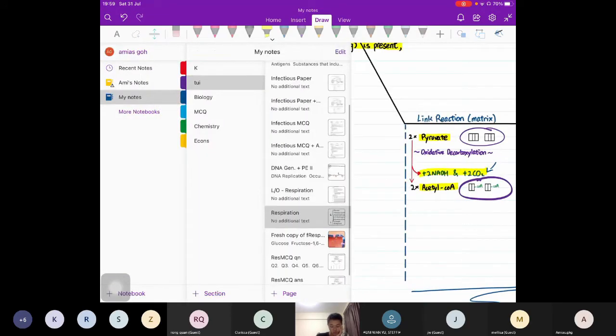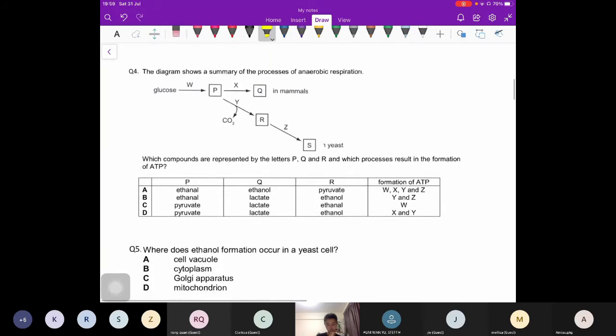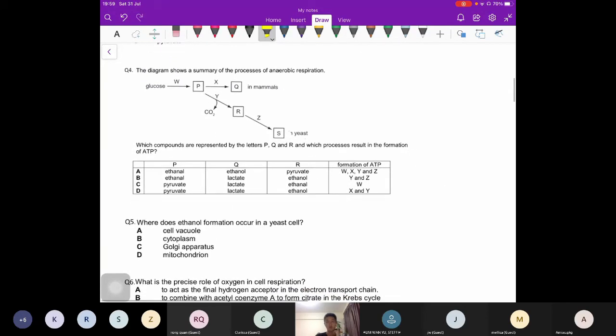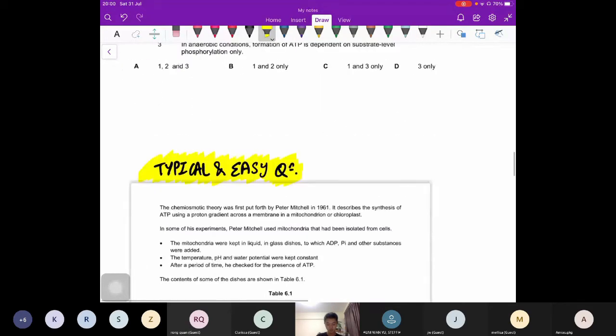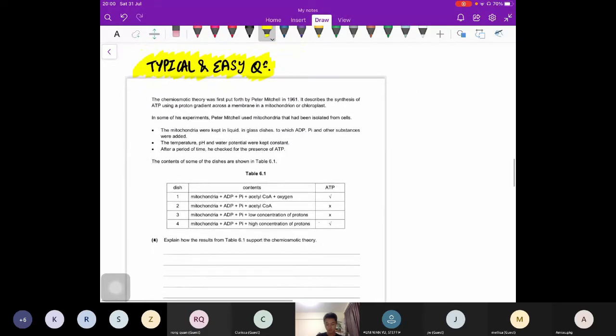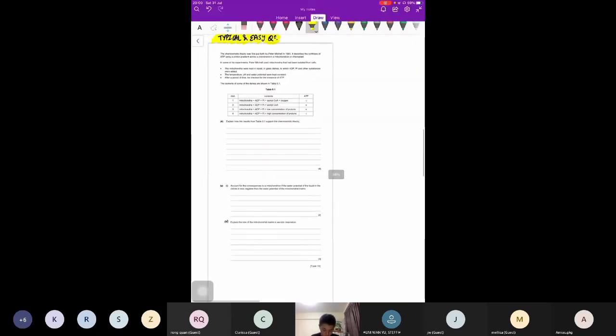Okay, we'll move on to the typical respiration question. Okay, we'll go back to the MCQ if you guys want to do it later, but we'll go through the open-ended questions first. Okay, this is your typical easy question.